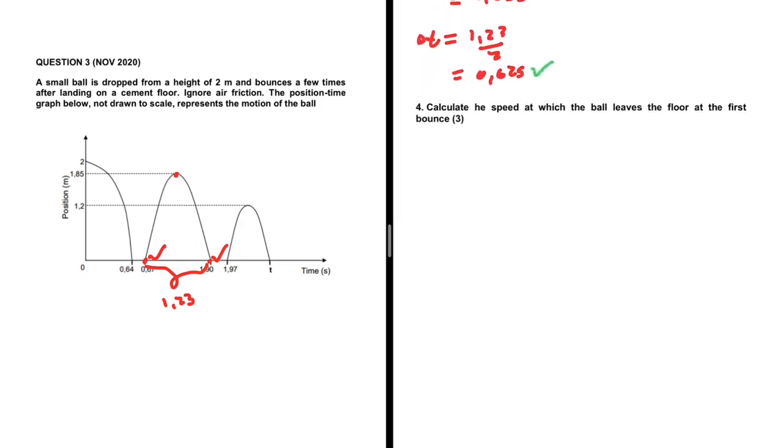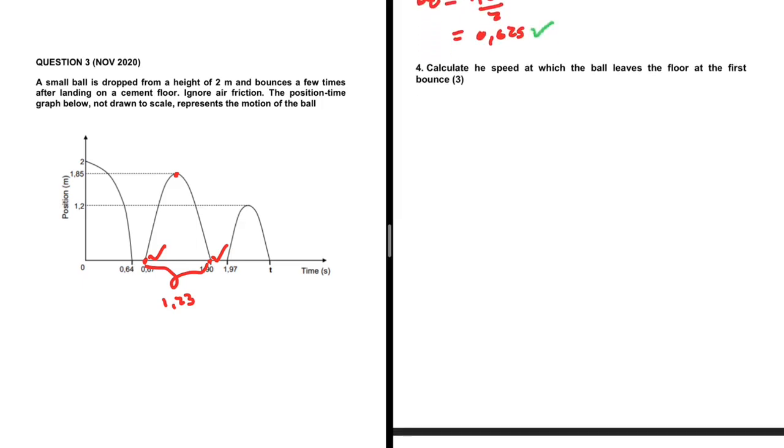So question 4, we are supposed to calculate the speed at which the ball leaves the floor at the first bounce. So this is where the ball leaves the floor at the first bounce. Okay, if we only consider this part of the motion, you will realize that VI is what we are interested in.